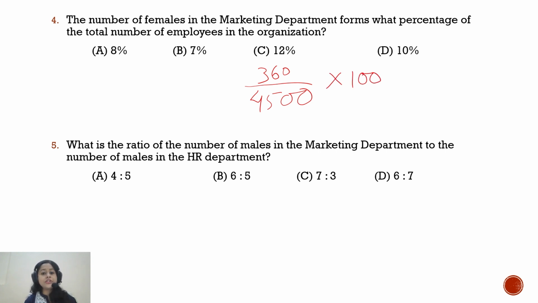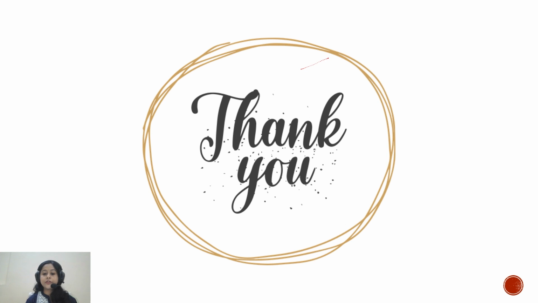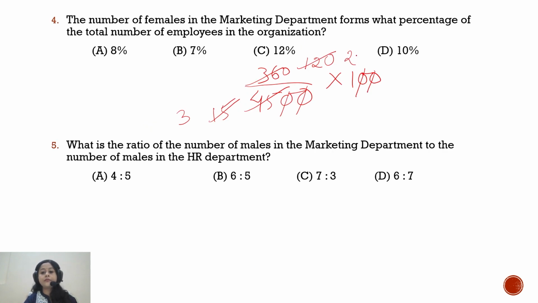The 00 will cancel out, and you can divide by 3, then by 5. The final value is 8, so 8% will be the answer. For question number 4, the answer is A.